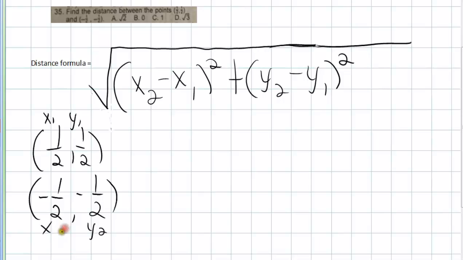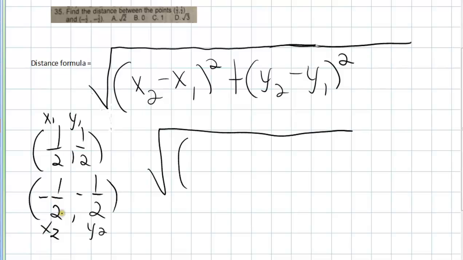That's funky looking too. Okay, so let's plug these into our formula. So x2, I said is going to be, you know what, actually I'm going to reassign these to make the math a little bit easier. There we go.